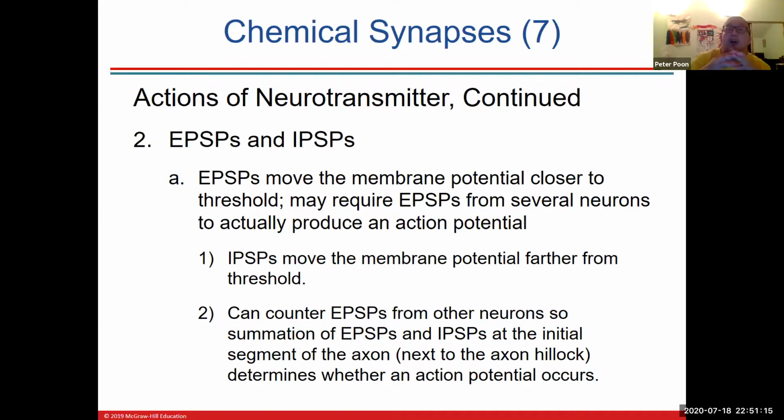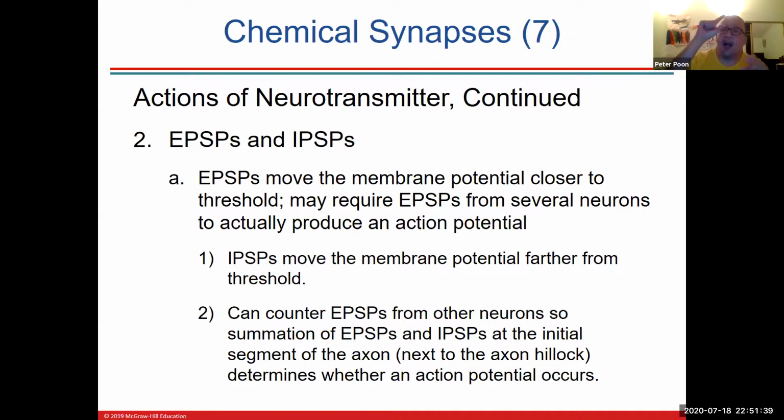IPSPs and EPSPs are graded, which means I have to add up everything, like your exams are graded: I add up all the correct answers and subtract all the wrong answers. So EPSPs and IPSPs are graded potentials.